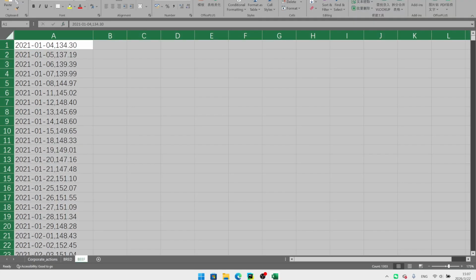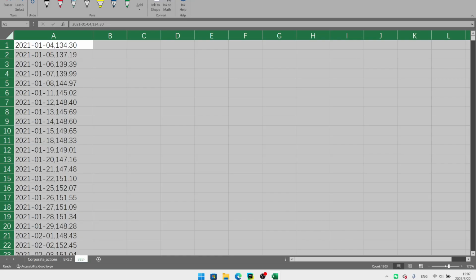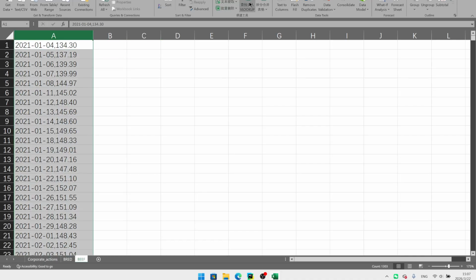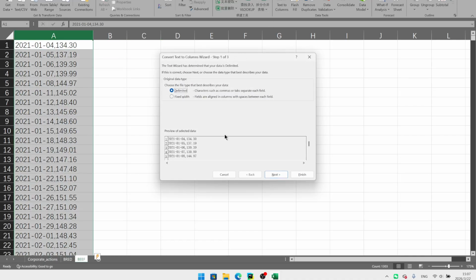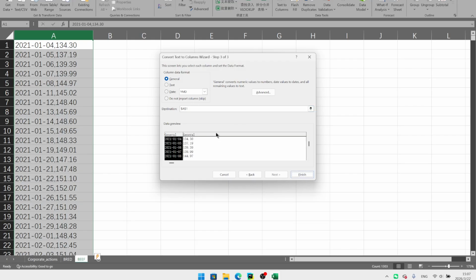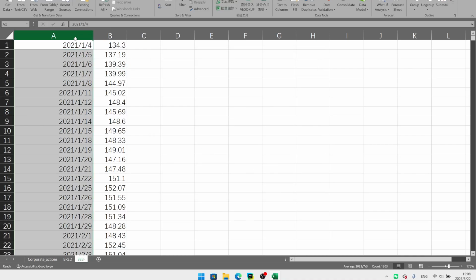So for that we need to use the data to column. Data to column next, using the commas next. Text, no, general, finish. It's general.